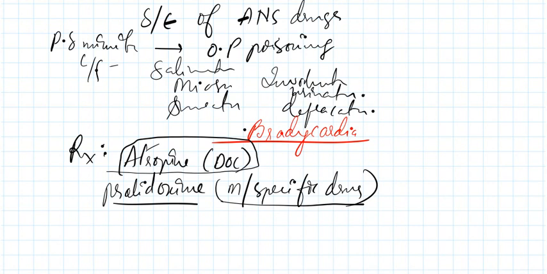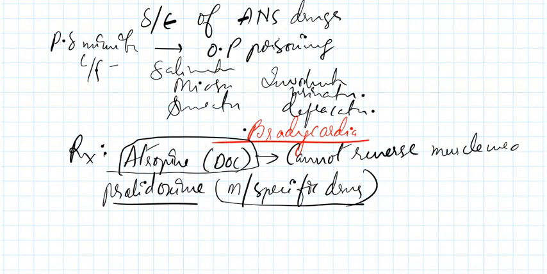Now atropine is given, but here one small thing is there. Atropine reverses each and every parasympathomimetic or cholinergic effect, but it cannot reverse one cholinergic effect. What is that one effect? Muscle weakness. It cannot reverse the muscle weakness in OP poisoning. This is a very important MCQ.